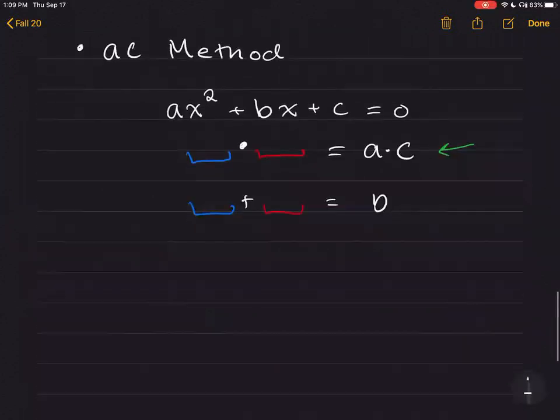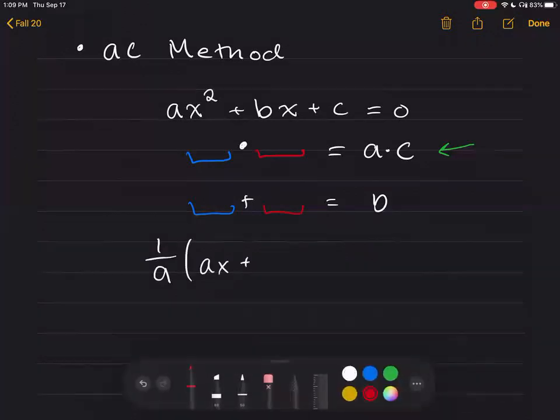All right, and then the answer, once you have red and blue, it'll be 1 over A, and then parentheses AX plus blue number times AX plus red number. Like that. So that will be the factored answer.